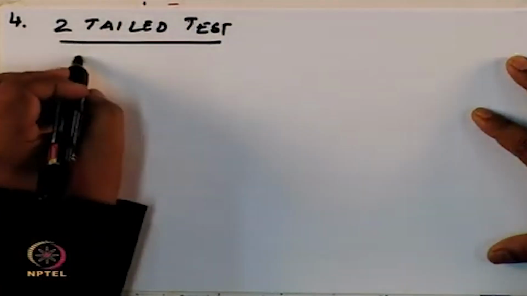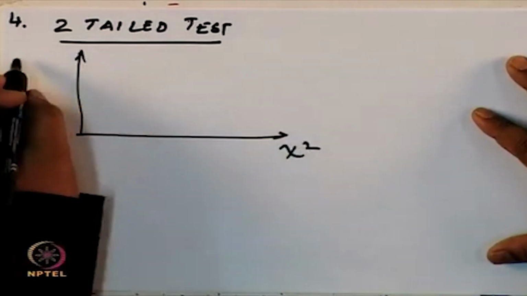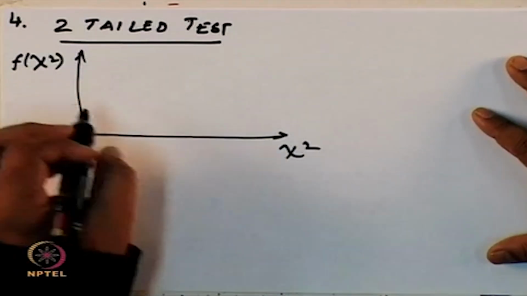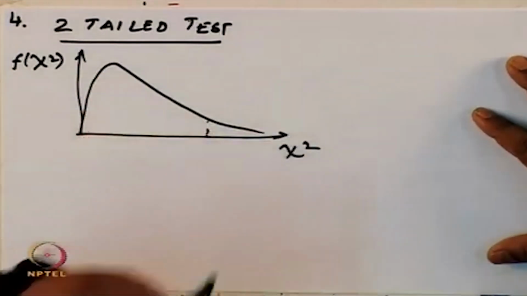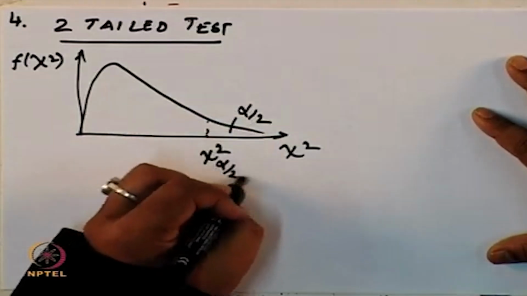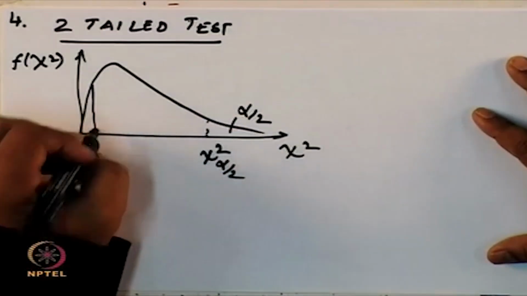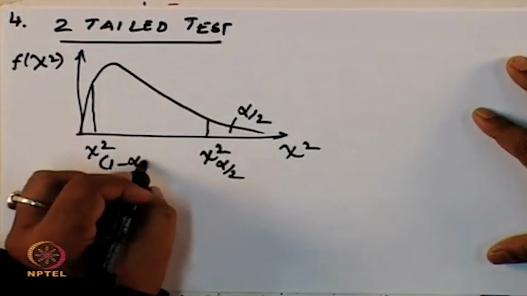In this case, you calculate chi-square of alpha by 2 and chi-square of 1 minus alpha by 2.